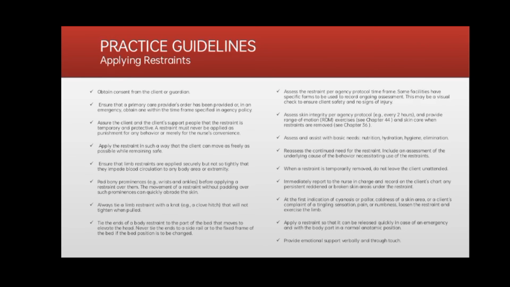Immediately report to the nurse in charge and record on the client's chart any persistent reddened or broken skin areas under the restraint. At the first indication of cyanosis or pallor, coldness of a skin area, or the client's complaint of a tingling sensation, pain, or numbness, loosen the restraint and exercise the limb.